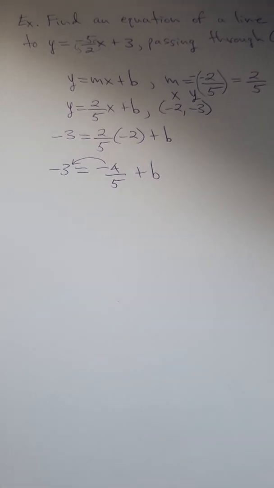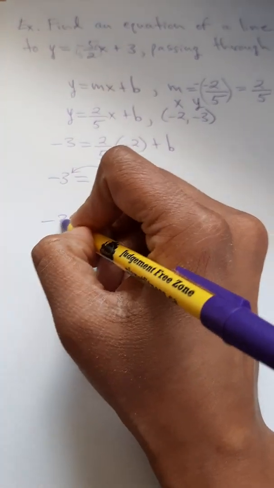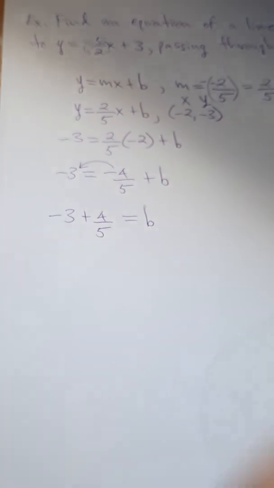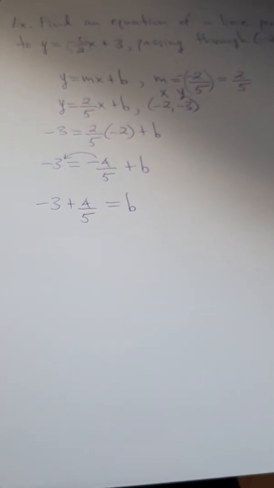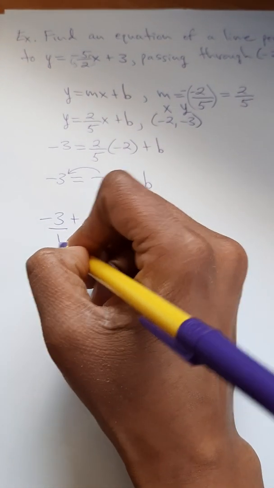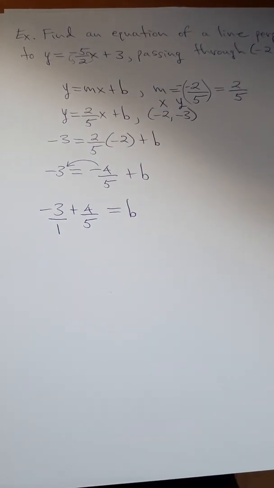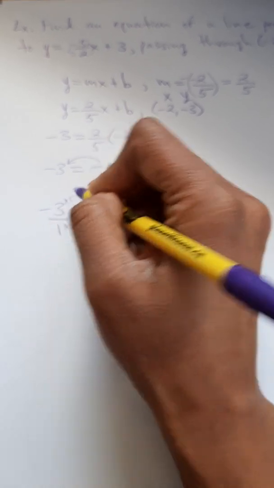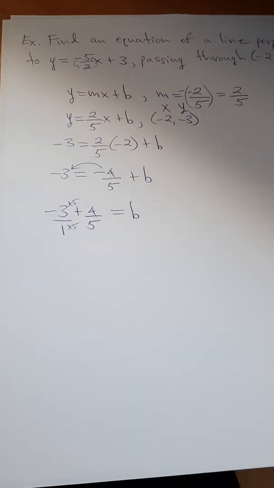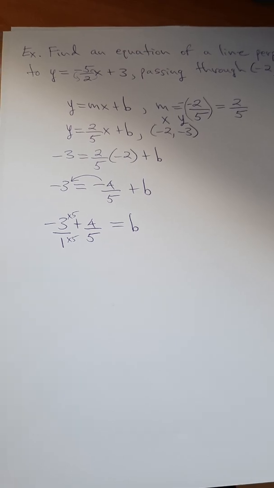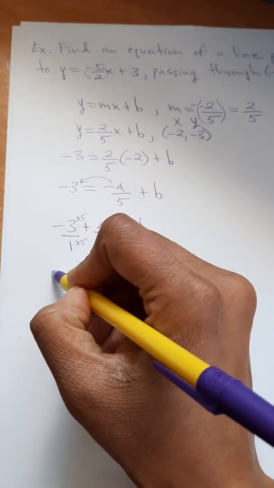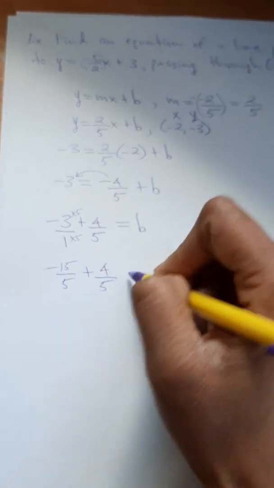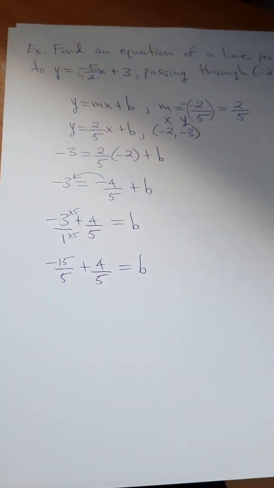We take this -4 over 5 to the other side and it becomes +4 over 5 equals b. Everyone's good so far? There's a whole number, which is over 1. We take a common denominator, which is 5, so times it by 5. -3 times 5 is -15 over 5, plus 4 over 5 equals b.